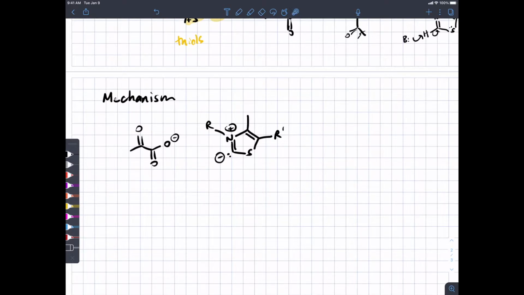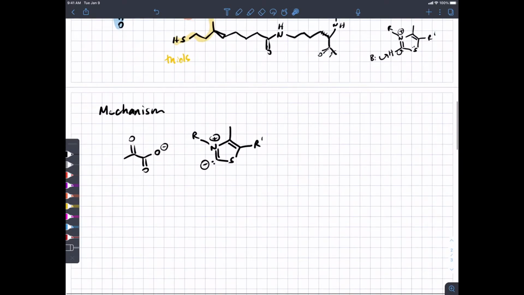Okay, so when we remove this proton, which was lying perpendicular to the plane of the ring, the lone pair that's left behind is in an sp2 orbital where it's nucleophilic. Okay, so these electrons in an sp2 type orbital can attack the ketone.